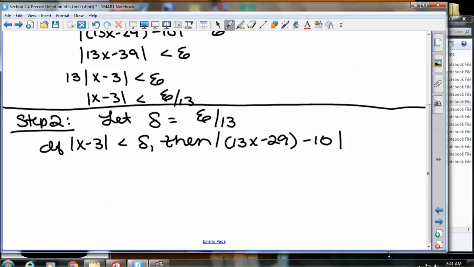And now I start working, but I'm just repeating the steps we already did when we found our delta. First, we combine our like terms. Then what do we do? Take out 13.